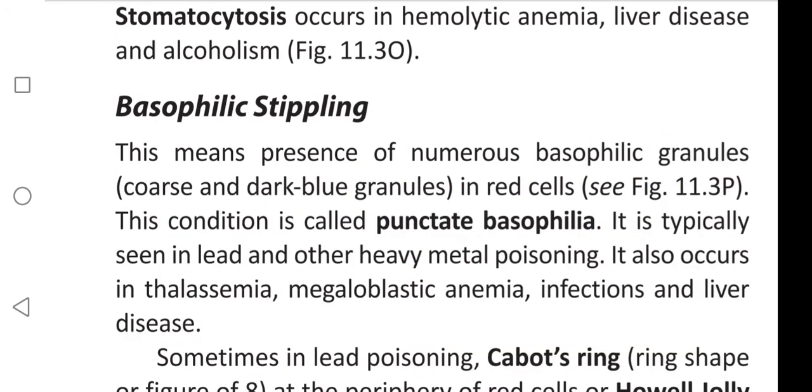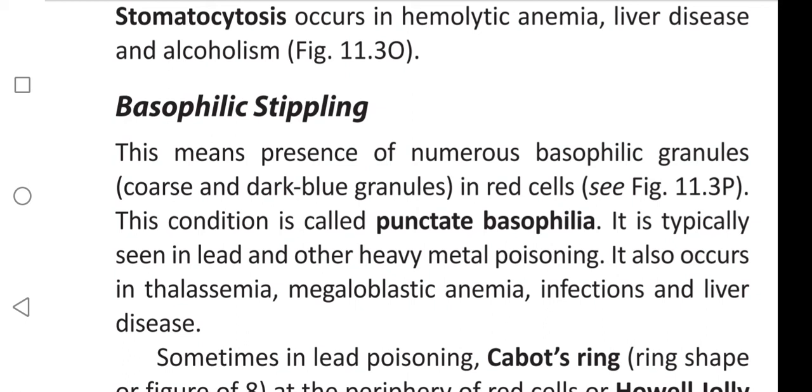Basophilic stippling means presence of numerous basophilic granules, coarse and dark blue granules in red cells. This condition is called punctate basophilia. It is typically seen in lead and other heavy metal poisoning.